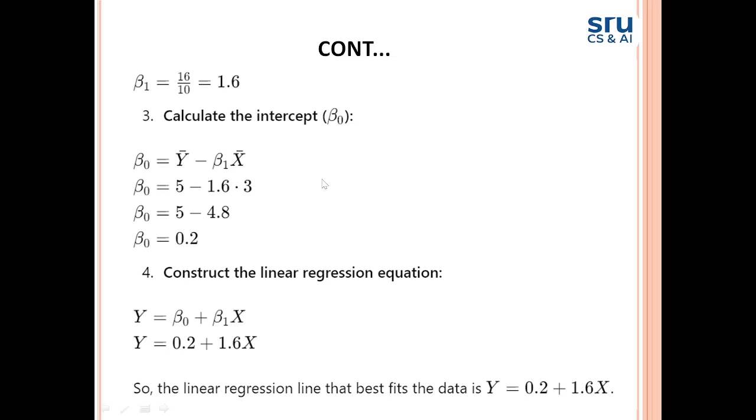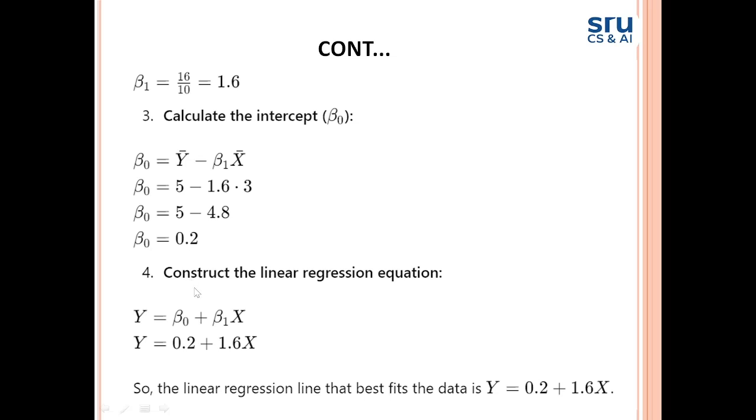Next we have to calculate the intercept b naught. Here b naught is equal to y bar minus beta 1 into x bar. Here y bar is 5, beta 1 is 1.6, x bar is 3. We put all these values and we get beta naught is equal to 0.2.